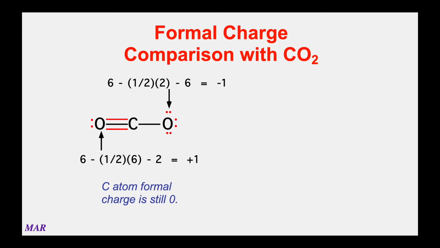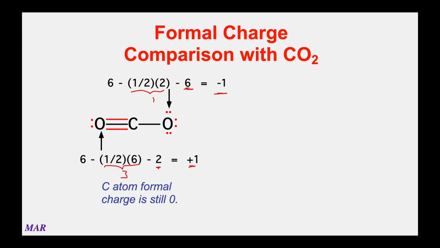Let's look at the formal charges here. So the oxygen on the right now has 6 lone pair electrons and only 1 bond, or 1/2 of 2 bonding electrons. Formal charge -1. And the left-hand side oxygen has 1/2 of 6, or 3 bonds, and 2 lone pair electrons, +1.